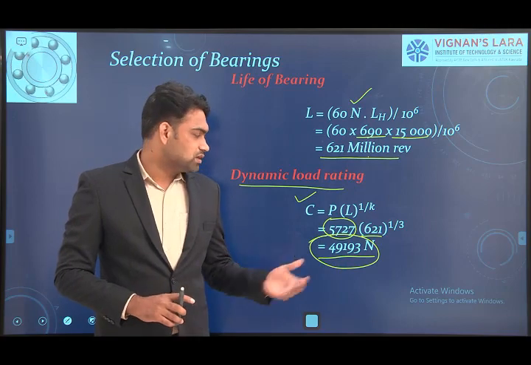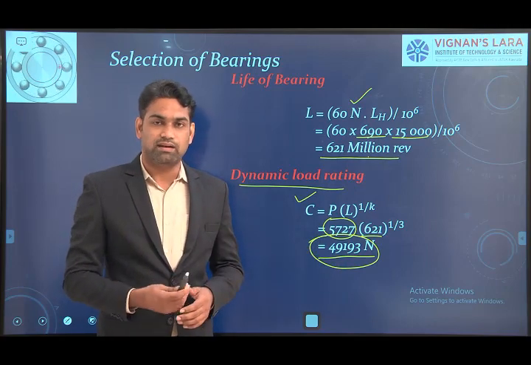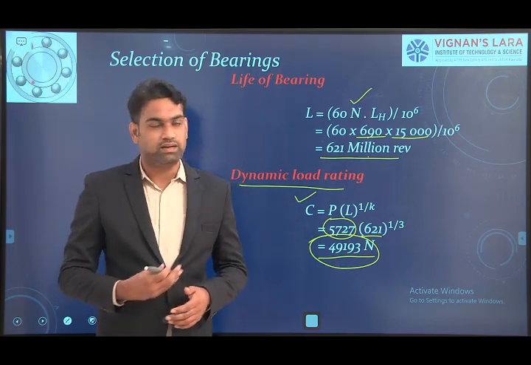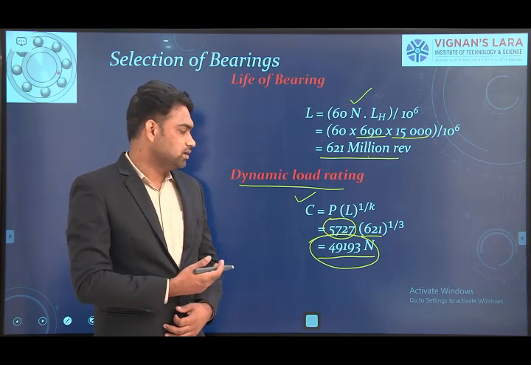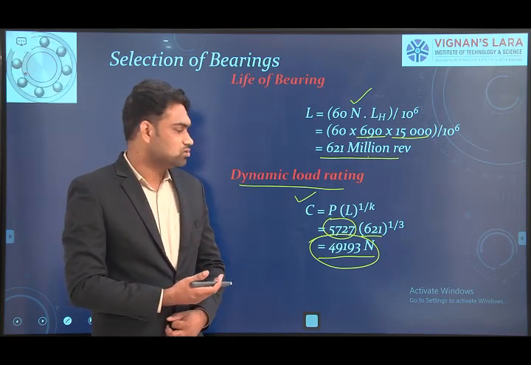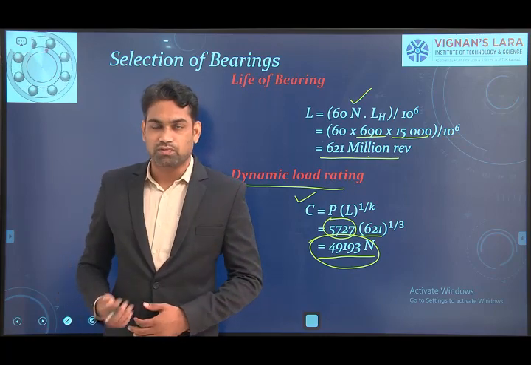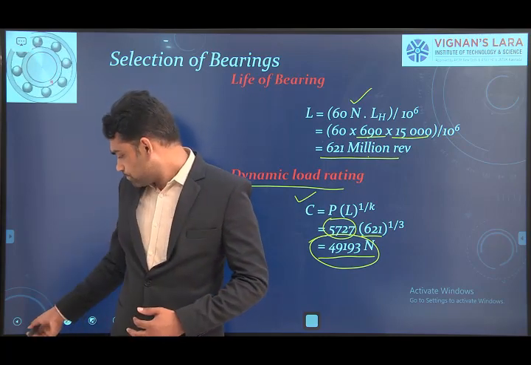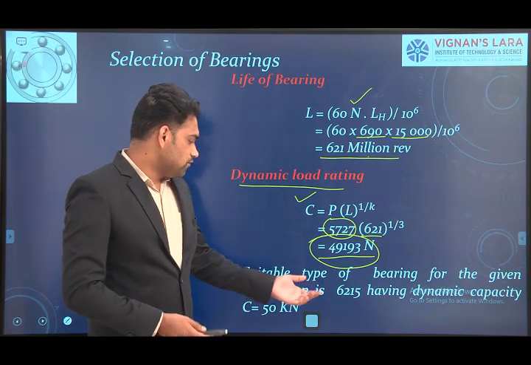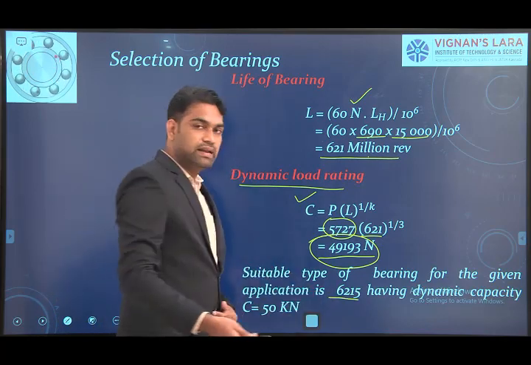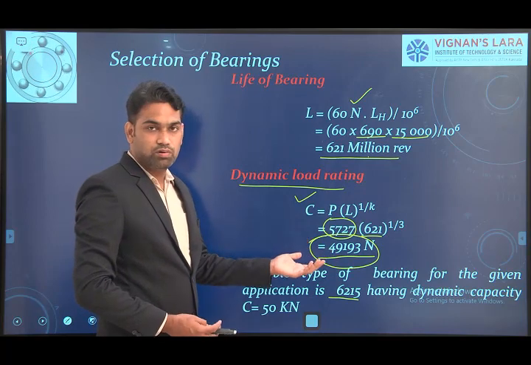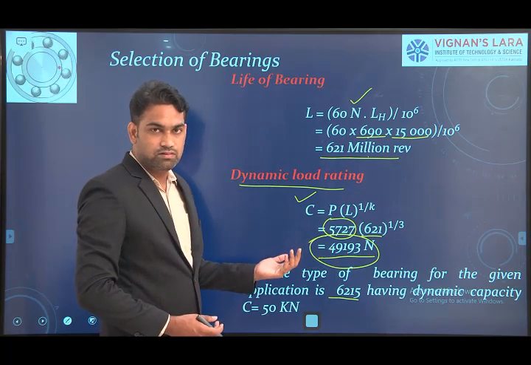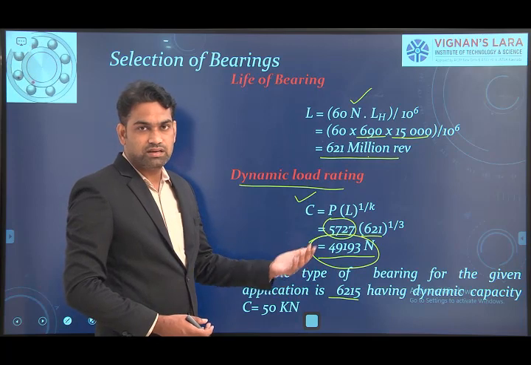Based upon the dynamic load rating we need to select the bearing, as I stated, by the trial and error method. The suitable type of bearing for this given application is 6215. Here I started with the series 6015, which may have a lower dynamic load rating compared to the calculated value, so I went with the light series, the 62 series.